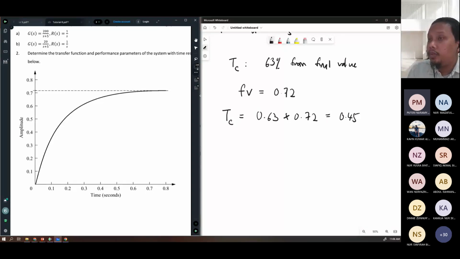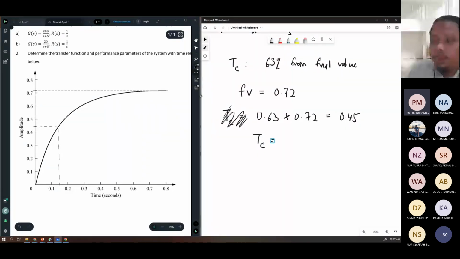So from this value, find it on the graph. So it's about here. This is not the time constant, this is just the 63% value. So the time constant will be the time value here, maybe about 0.15.